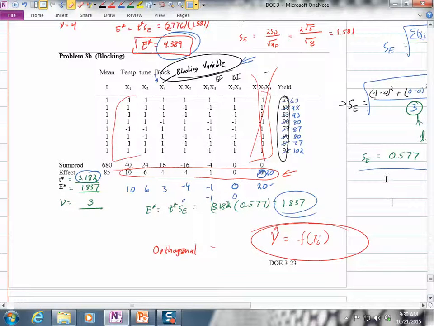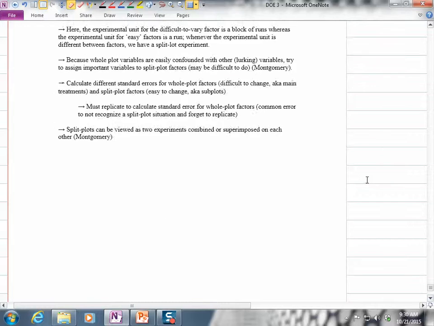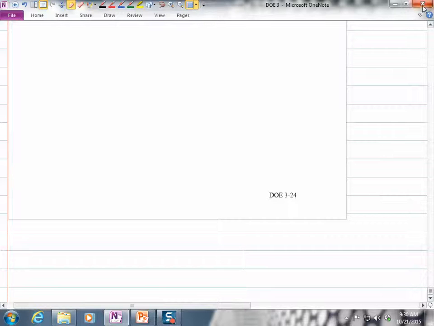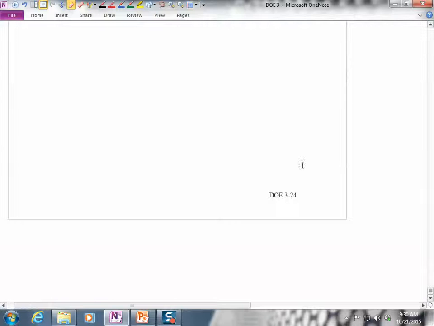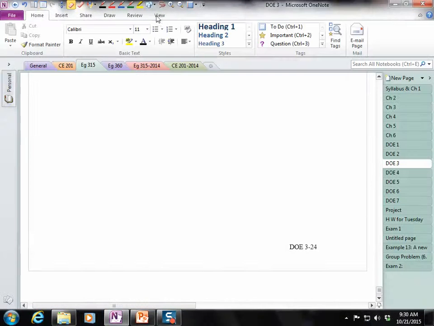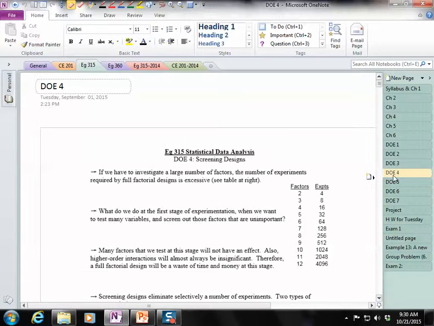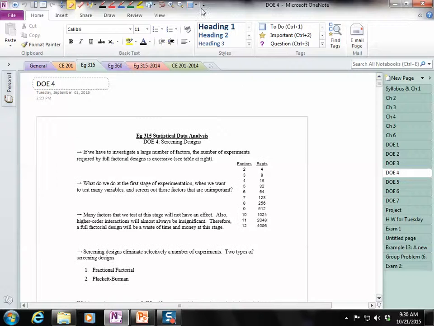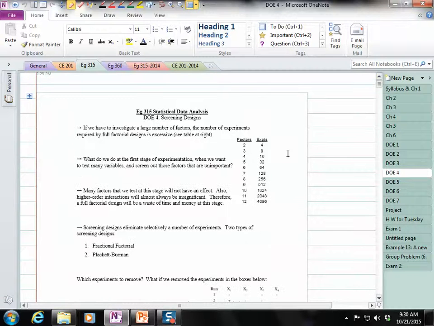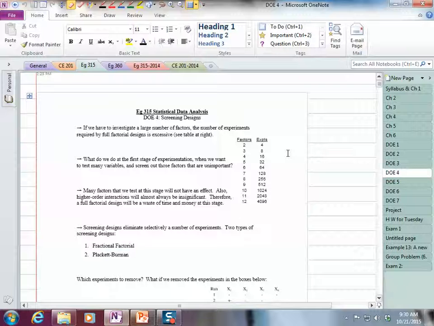All right. Well, let's skip over split plot designs and move to the next section of the notes, DOE 4. So now we're going to move very quickly away from, well, not away from full factorial design, but all the stuff that we learned in full factorials is going to be the basis for what we study from here on out.